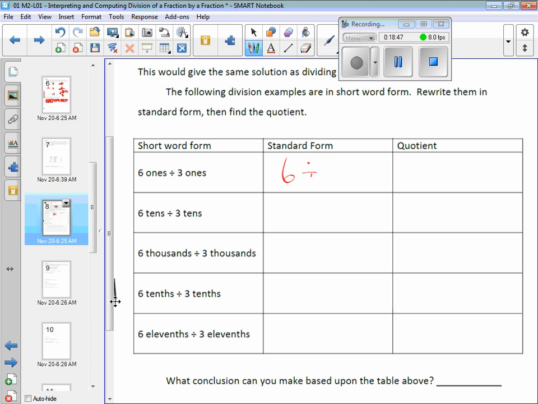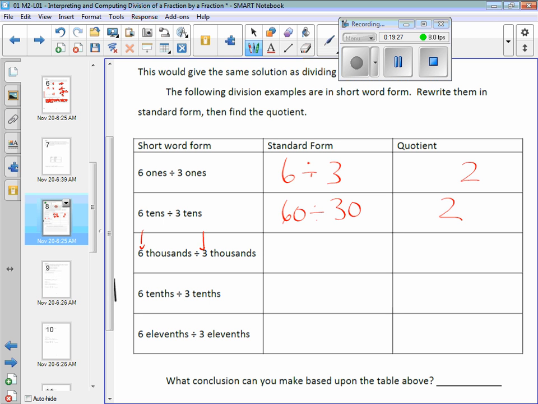I'm just changing the units now, but keeping the values of 6 and 3 the same. 6/10 is what number? 3/10 is how much? What's 60 divided by 30? Careful. 2. I'm changing the number, keeping the value the same.